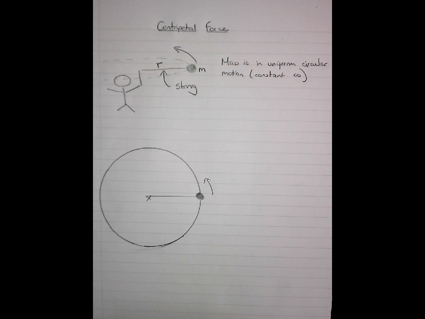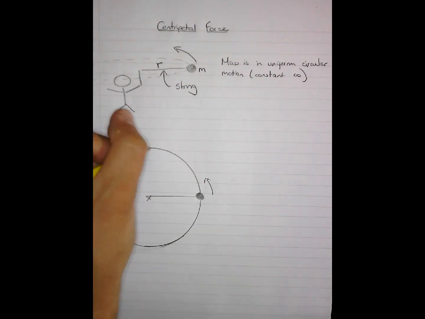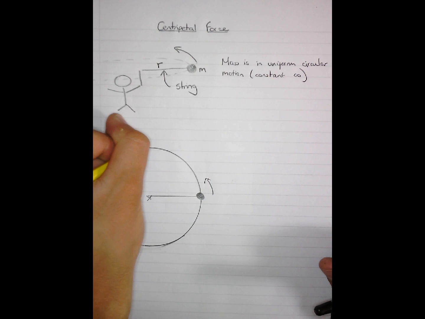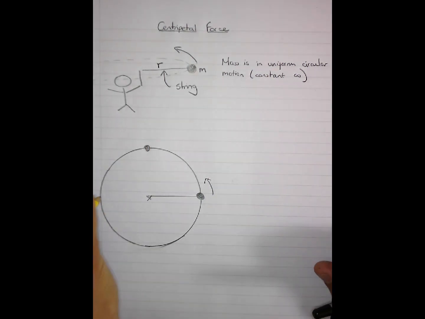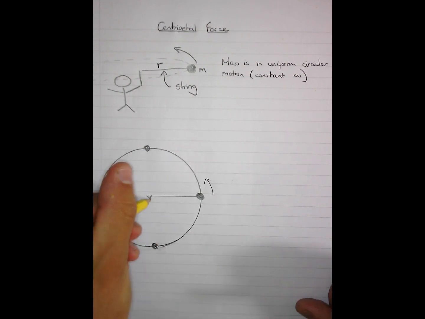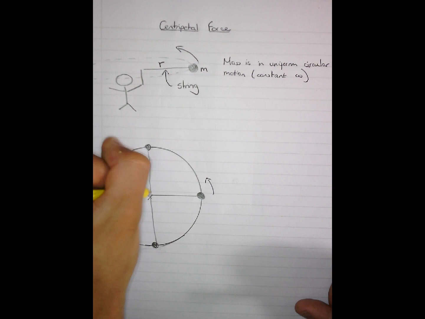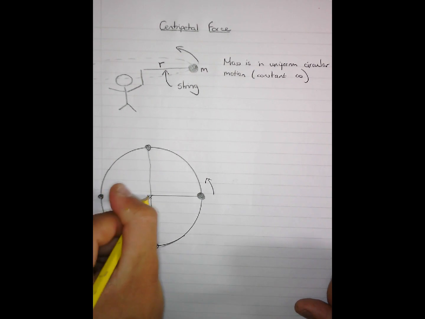What I'd like you to do is pause the video, and I'm going to put the mass in 1, 2, 3 more different points on that circle, still attached to that string.